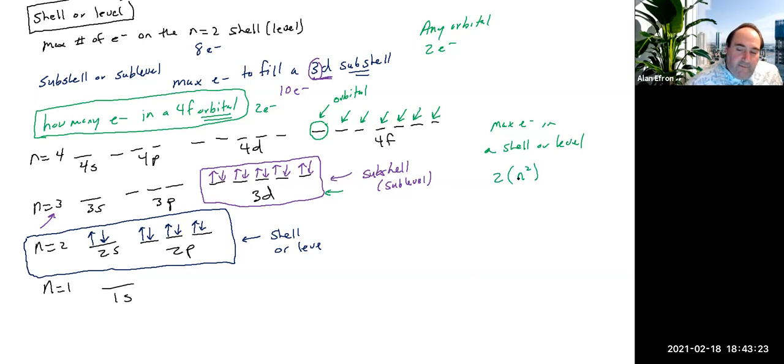You square the number first and then multiply it by 2. For example, n equals 1 would be 2 times 1 squared, which is 2 electrons, which is what we see here. Then for our n equals 2 level, that would be 2 times 2 squared. 2 squared is 4, and 4 times 2 is 8 electrons, which are the 8 electrons that we just saw here.